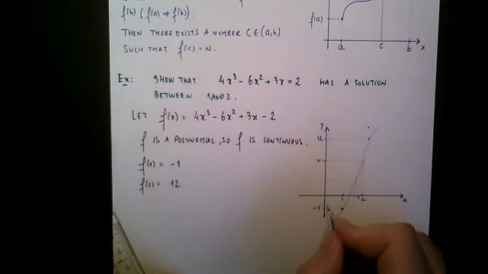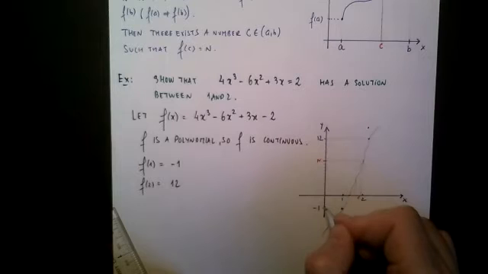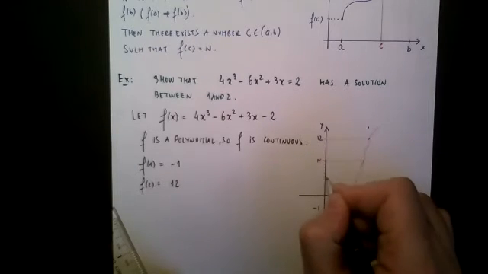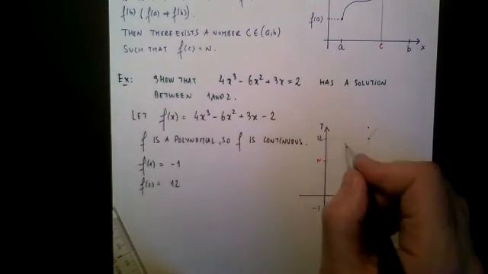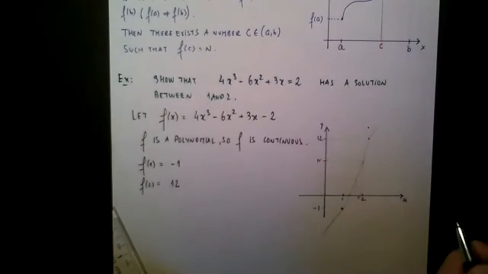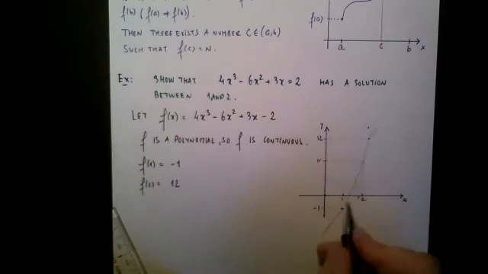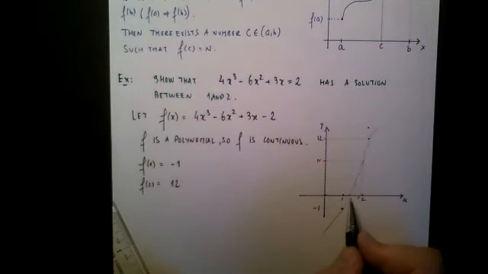Every number between -1 and 12, all of them: -0.5, 0, 1, 6, 8, 11.9, they have a source in the interval 1, 2. So clearly, by the intermediate value theorem, 0 is between -1 and 12, so it has a source between 1 and 2. You get it?